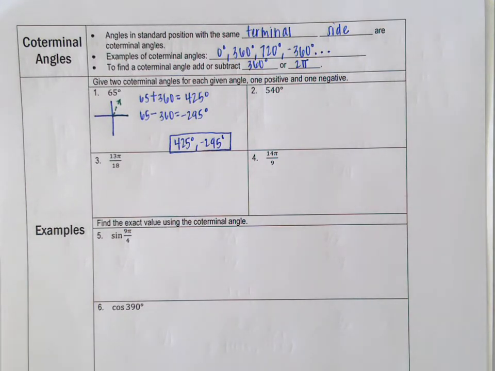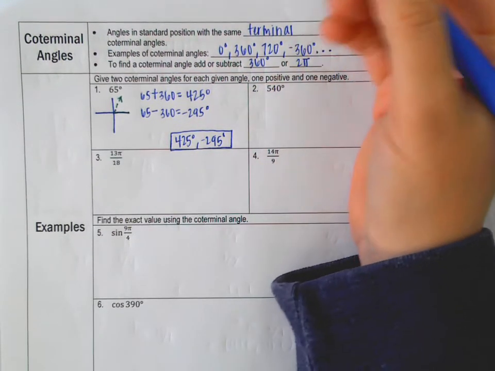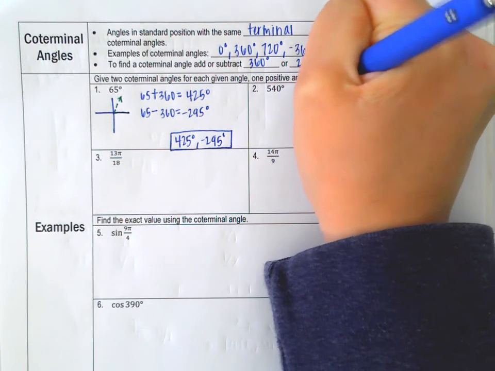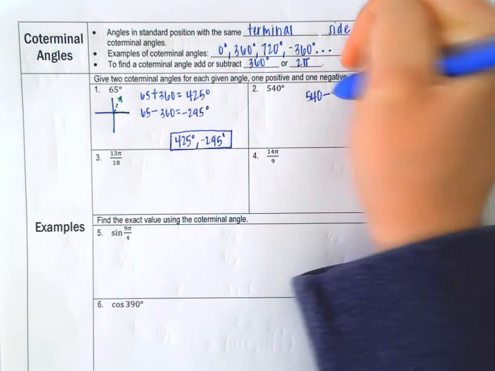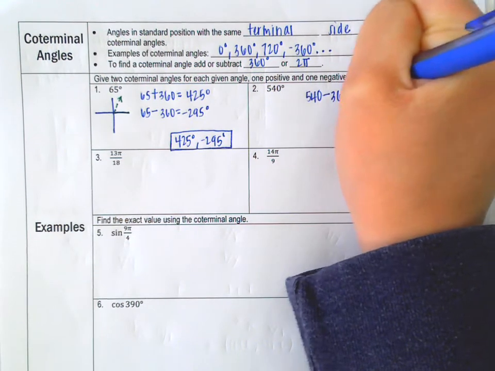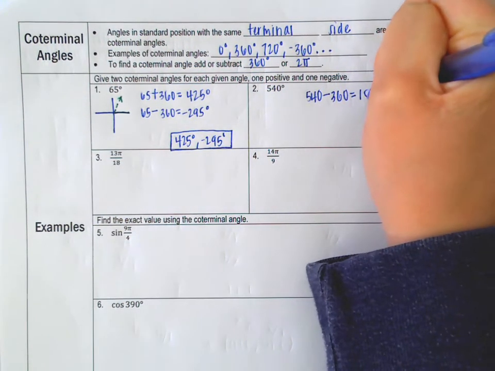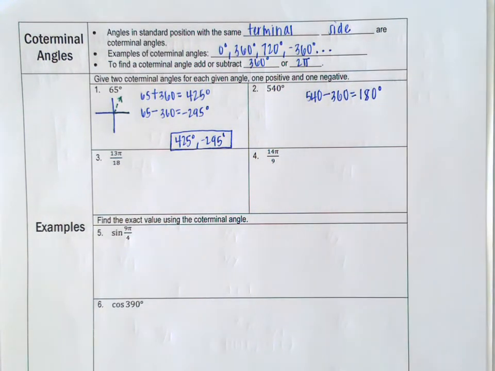To get one positive, you can add or subtract 360. It really doesn't matter. Either answer would be correct. But what I'm going to do is go 540 and subtract 360. So 540 minus 360 gets me 180.